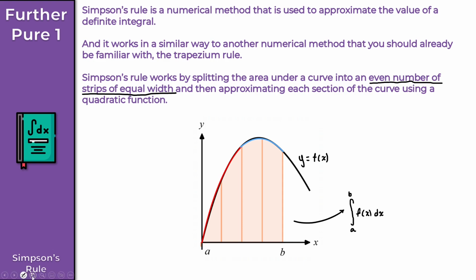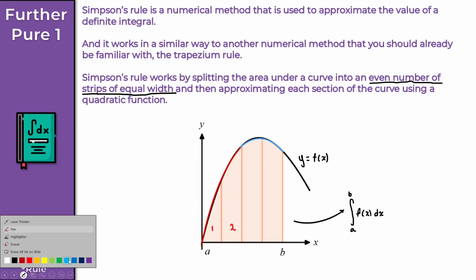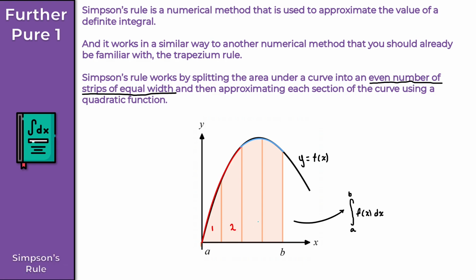So in this case, as we can see, we have strip 1 and strip 2 here. And then for strips 3 and 4, let me just do these in a different color. So strip 3 and strip 4 here. Now I've labeled strips 1 and 2 in a different color to strips 3 and 4 for a reason, because what I'm going to do now is pair strip 1 and strip 2 together. Once I do that, I get my first section underneath this curve.